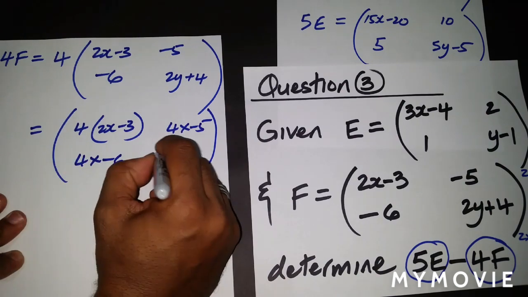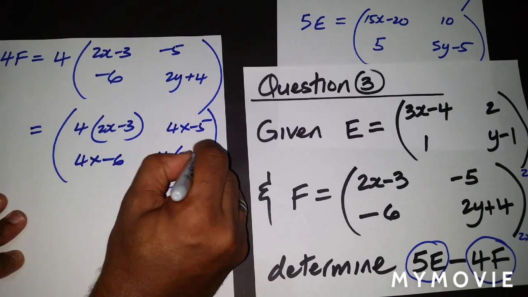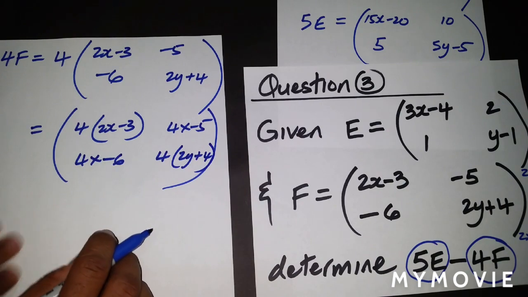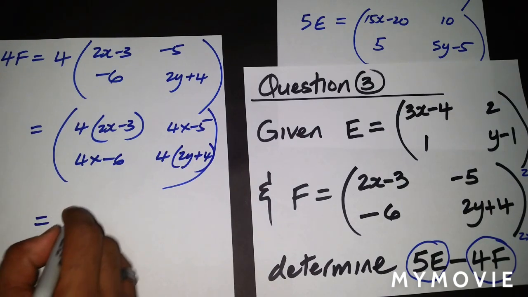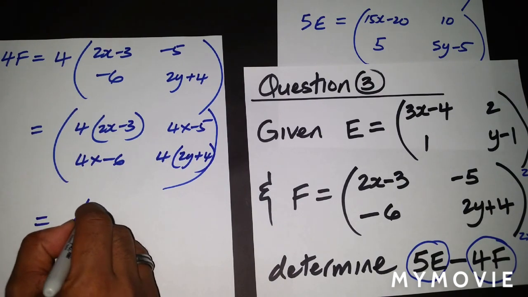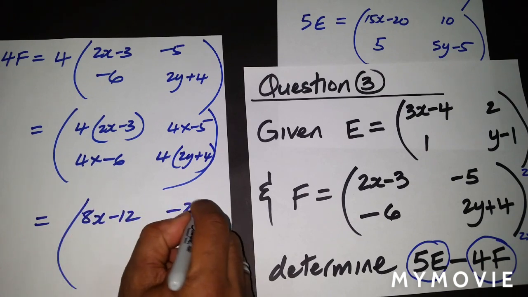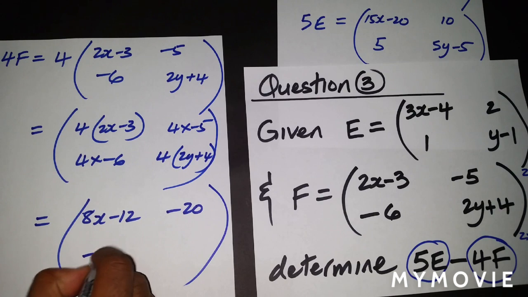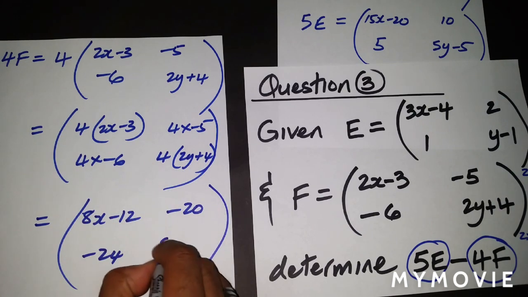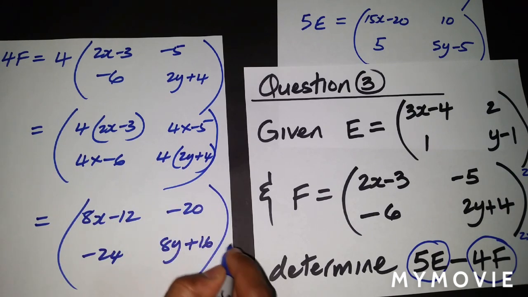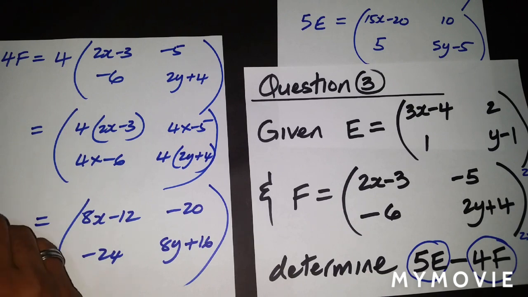Alright, you keep it simple and tidy, don't rush the steps, or else you're going to make mistakes. Everybody can make mistakes, yes? So we expand there, so this would be 8x minus 12, minus 20, minus 24. When we expand this, we get 8y plus 16, and that is what 4f is.